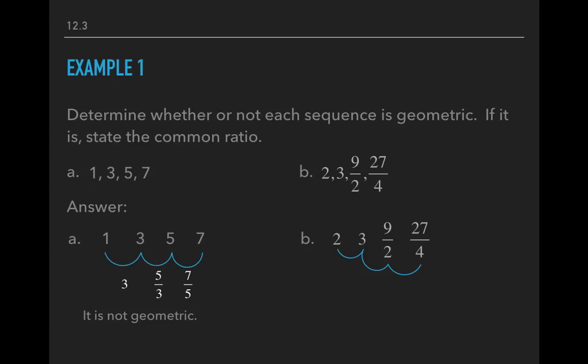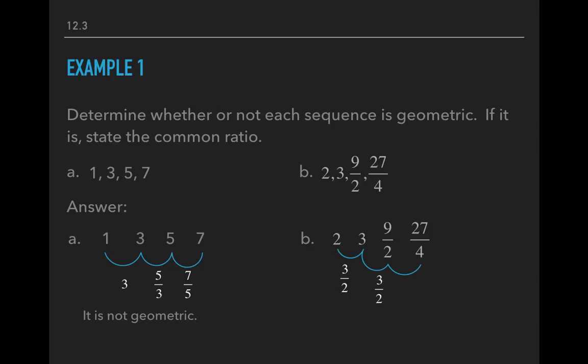The first ratio would be 3 over 2. Then you would have 9 over 2 divided by 3. Well, you'd have to multiply by the reciprocal, so you'd have 9 over 2 times 1/3, which is 3/2 again.